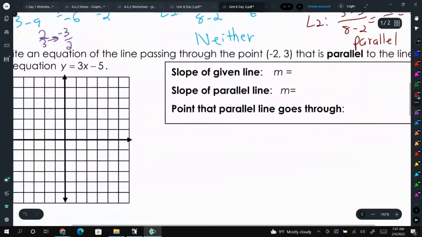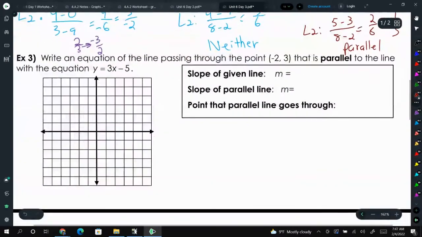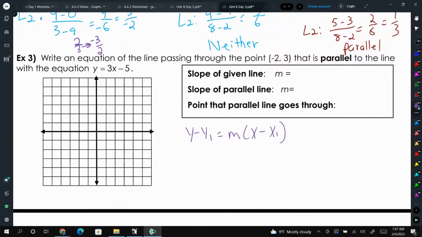So down here, write an equation of the line that passes through the point negative 2 comma 3 that is parallel to the line with the equation y equals 3x minus 5. Now, we talked yesterday about point slope form, y minus y1 equals m times x minus x1, and that if you were given a point and a slope, that point slope form would be the easiest form to use.